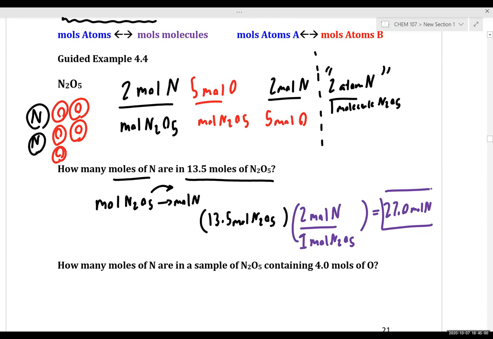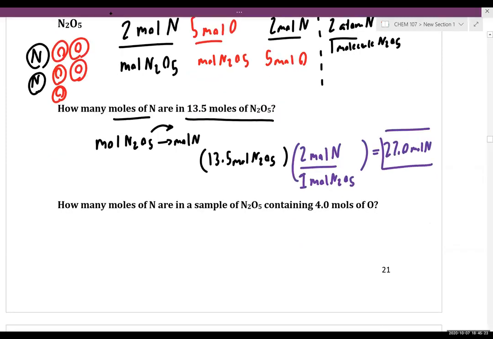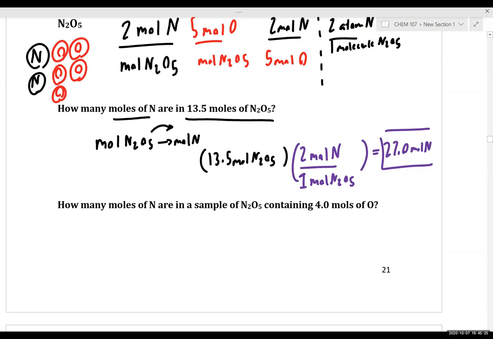Does this make sense? Does everyone see how we can utilize our formula ratio? Let's look at another example. This time we're asked to calculate how many moles of nitrogen are in a sample of N2O5 containing 4 moles of oxygen.